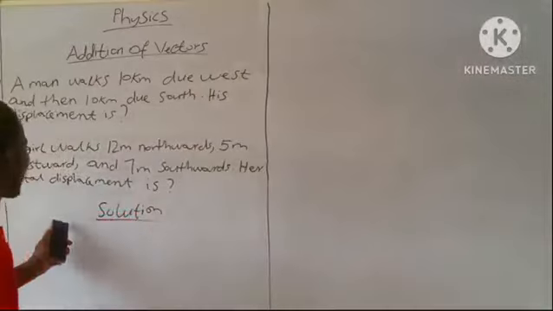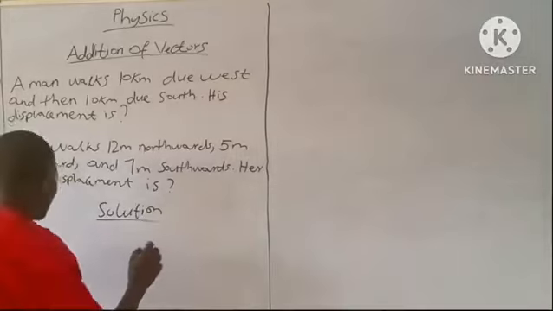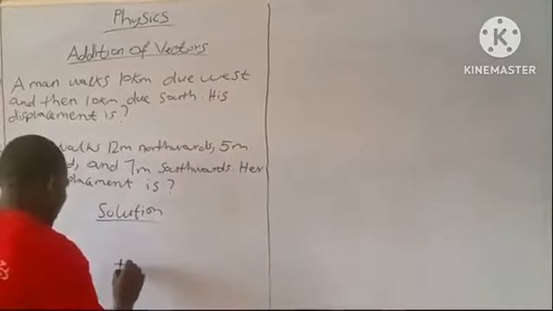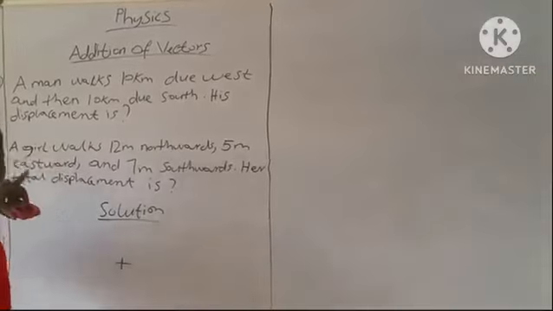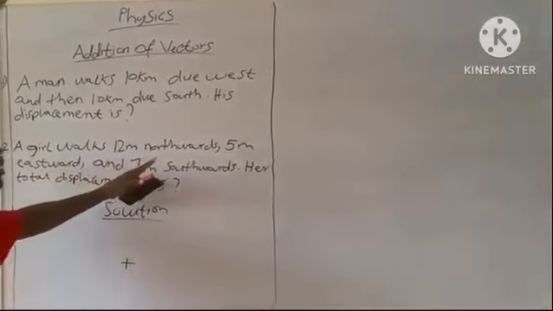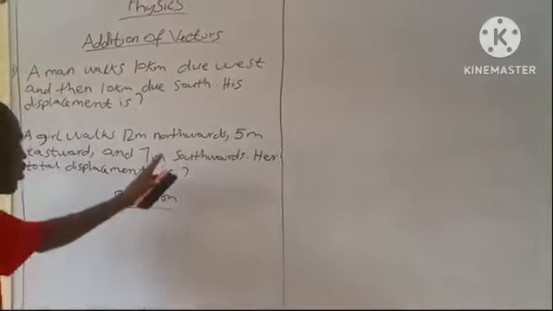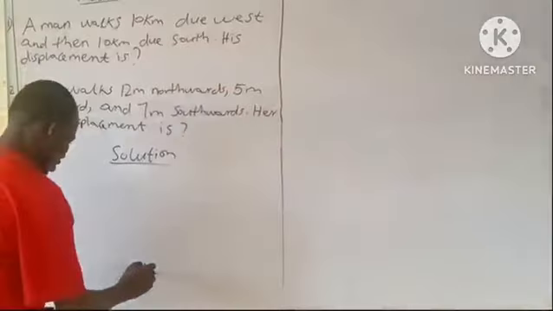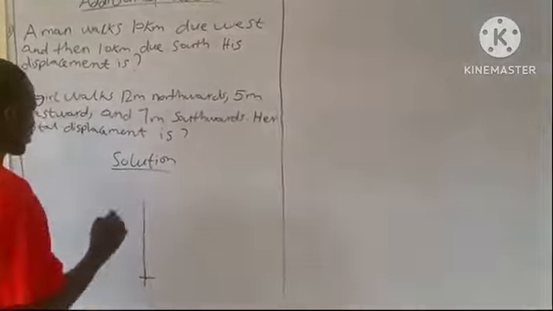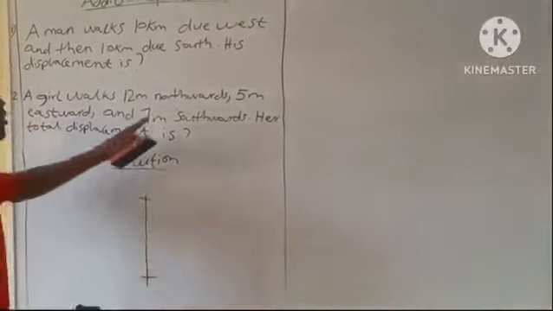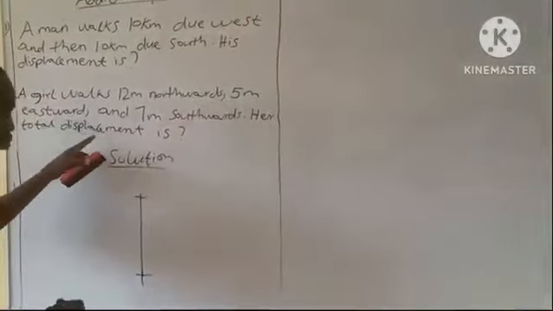Let me say this is the starting point. This is the north. A girl walks 12 meters northward. She went up. Then 5 meters eastward.